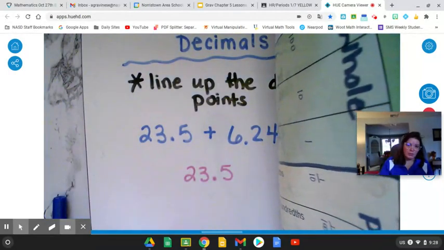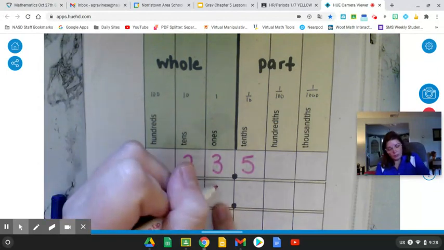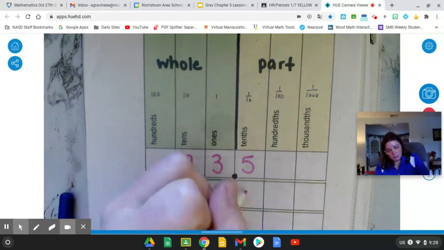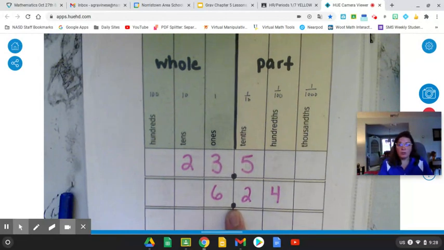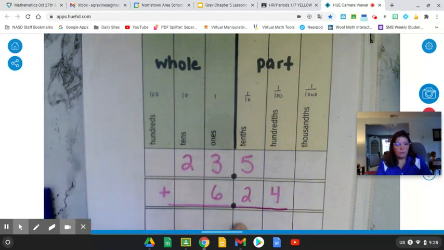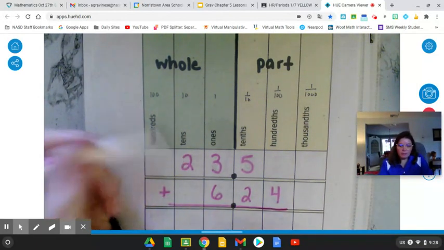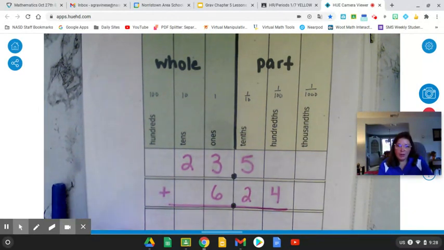Our second number was 6 24/100. Here's the decimal point, 6, 24/100. Now you can see that when we use our place value chart to add these decimals, the digits are not lined up on top of each other perfectly. That might bother some people.